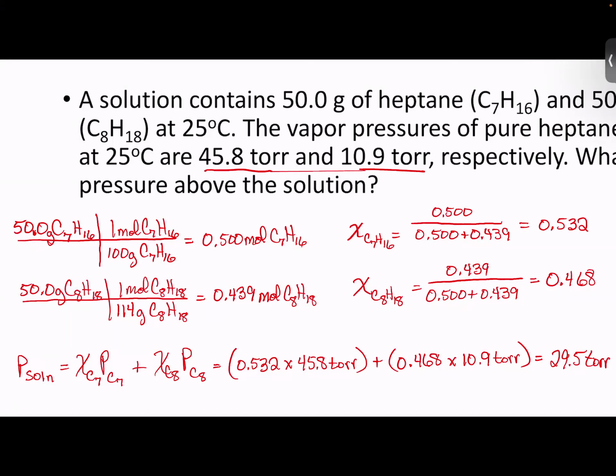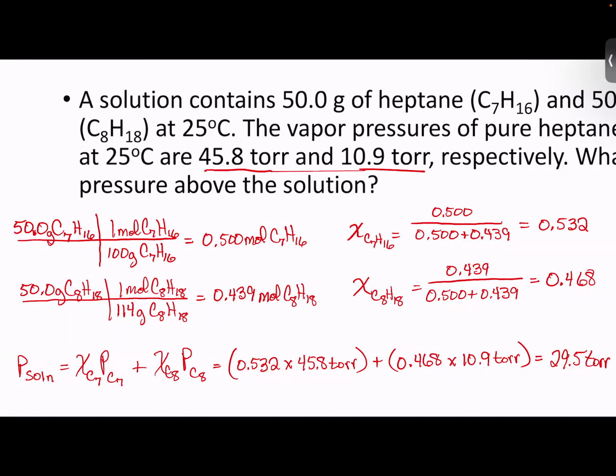So again, the first thing you need to figure out is, are you dealing with a non-electrolyte? The second thing you need to determine is whether the non-electrolyte is non-volatile or volatile. If it's non-volatile, you simply use the pressure of the solution is equal to the mole fraction of the solvent times the pressure of the solvent.